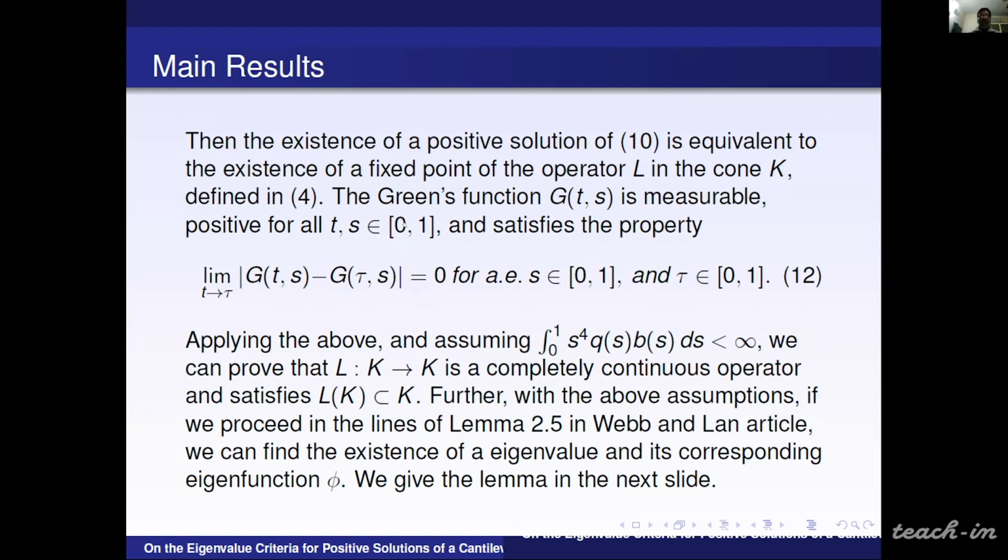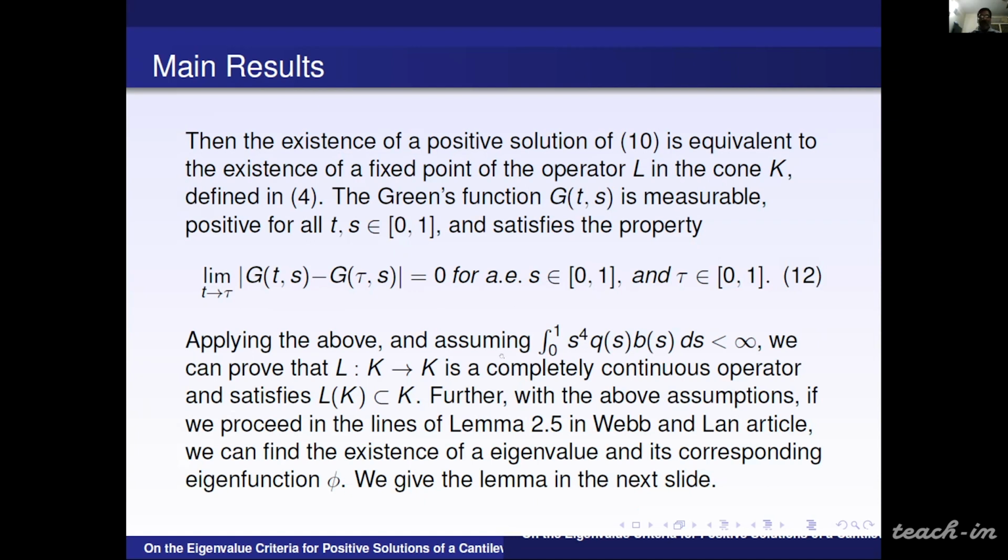The Green's function G(t, s) is measurable and satisfies this property 12. So applying this property and assuming that the integral from 0 to 1 of s to the power 4 q(s) b(s) ds is finite, we can prove that this L mapping from K to K is a completely continuous operator and satisfies L of K is in K. So L is mapping from K to K, and with the above assumption, this is 12, we can prove already.